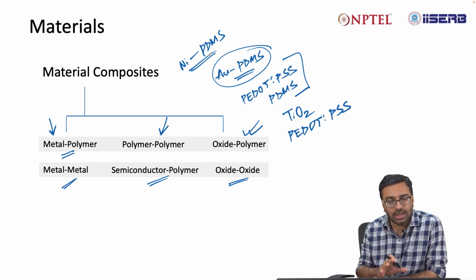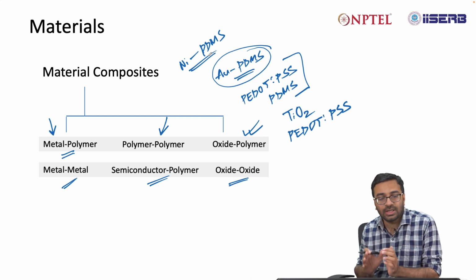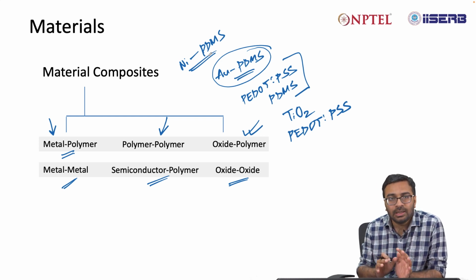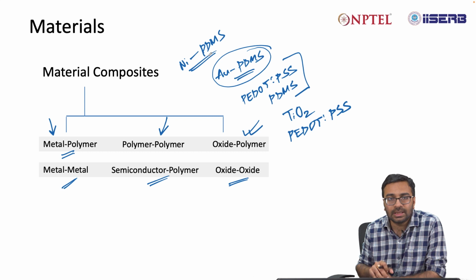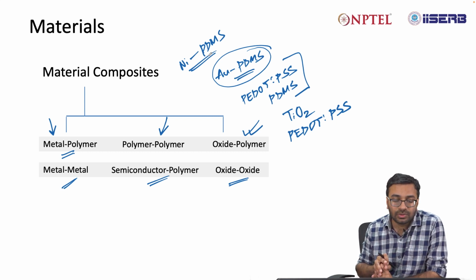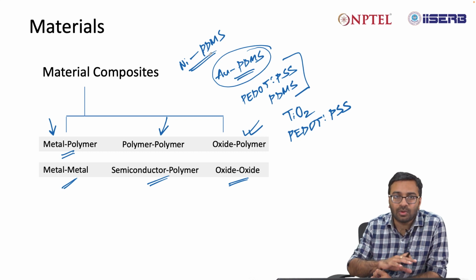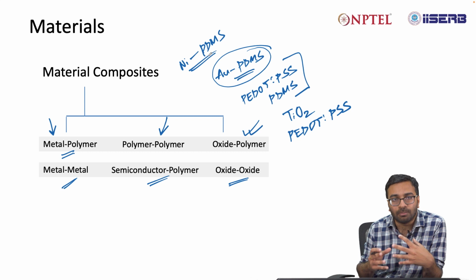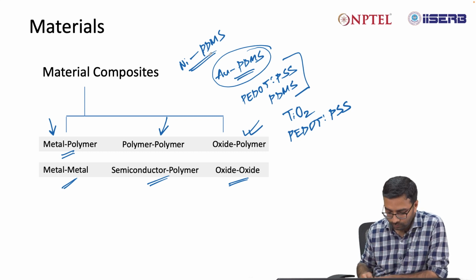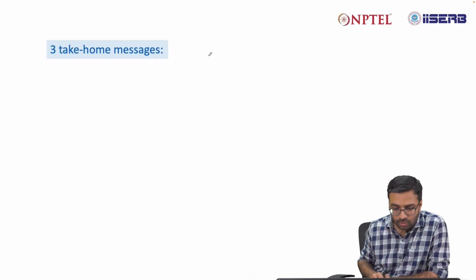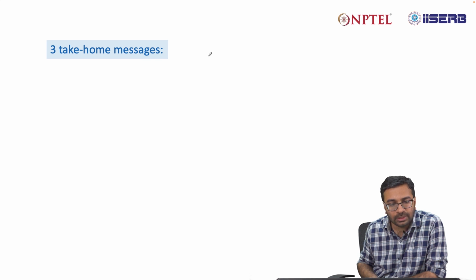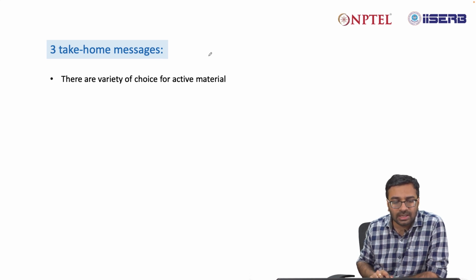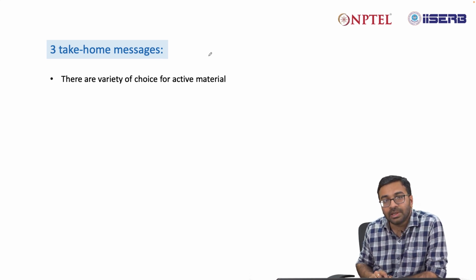So in this course, it's essential that you first learn the different types of material that we can consider, and in general there are infinite possibilities of getting different kinds of material composites. So three take home messages from this lecture: there is a variety of choice for active materials.